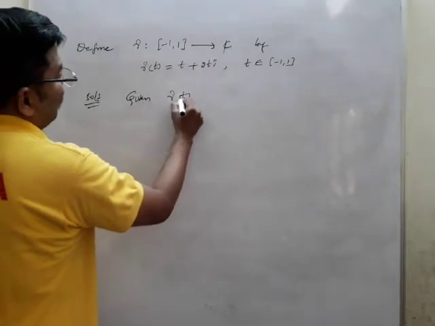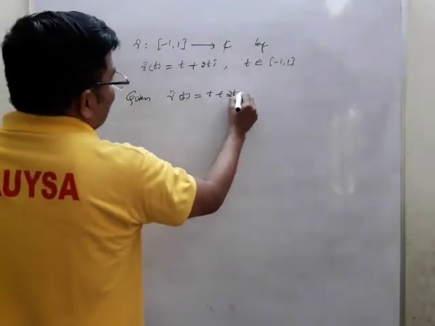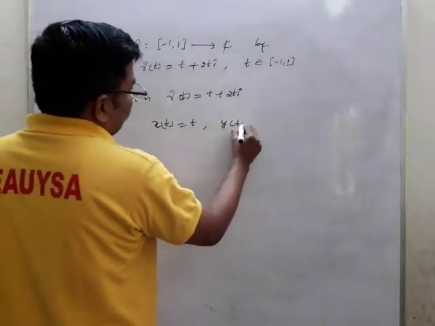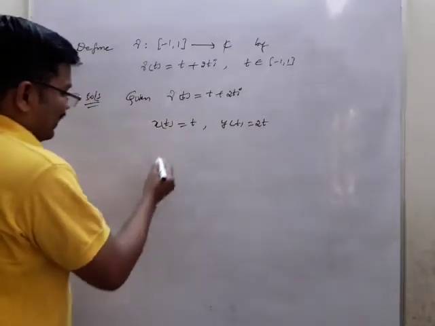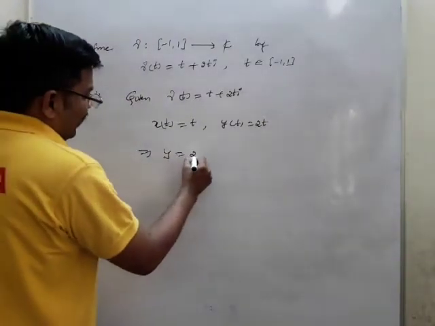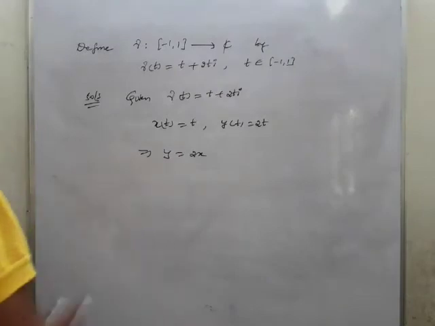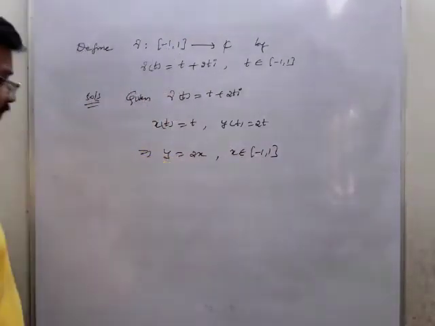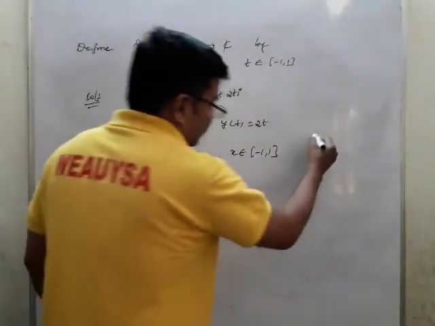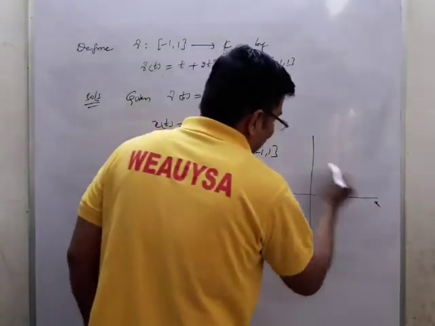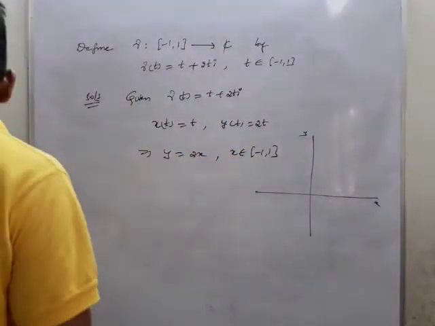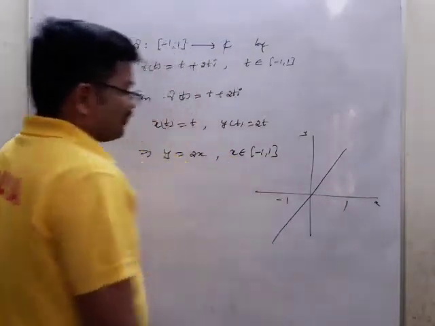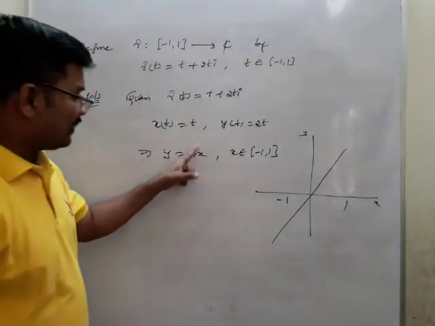Given gamma of t is equal to t plus 2ti, where x of t is equal to t and y of t is equal to 2t. I may write this as y is equal to 2x, where x belongs to minus 1 comma 1, like y equals mx. The range is minus 1 comma 1. It passes through the origin with slope 2.